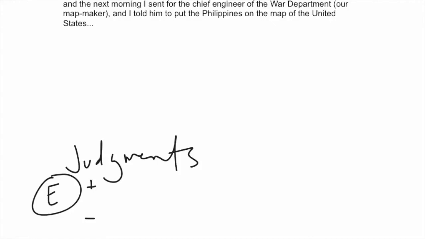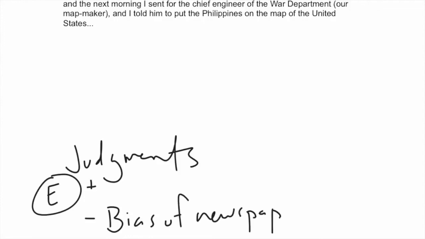So, Rusling is not entirely reliable because he's writing for a newspaper with a title that leads me to believe that there is a clear bias. So I'm going to write that the bias of the newspaper may influence what he wrote.